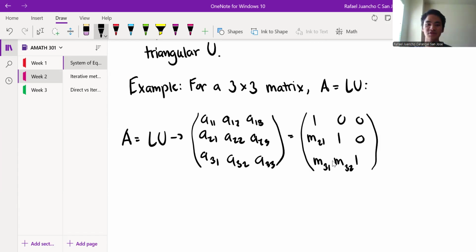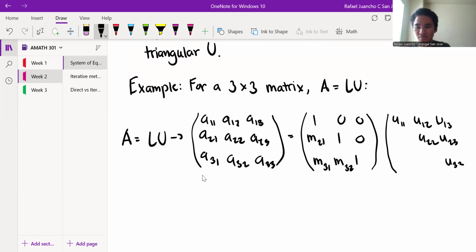When it's a lower triangular matrix, we have values here, multiplied by my upper matrix. Let's just use U, could be any variables though: U12, U13, U22, U23, and then U33. That's my upper triangular matrix.